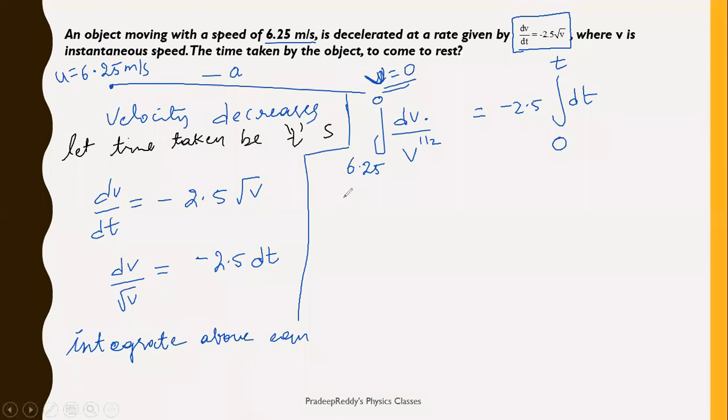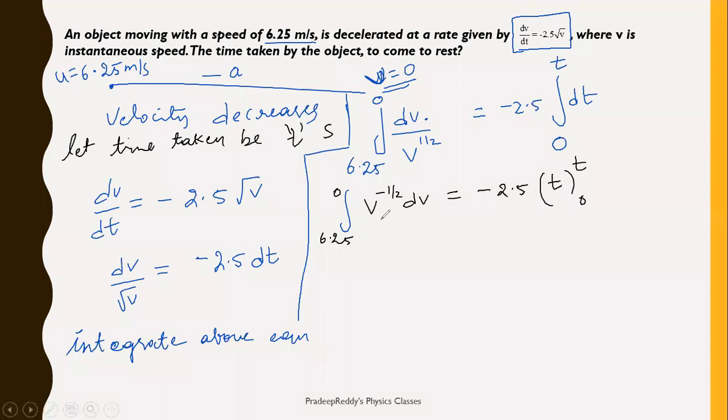So this gives you the integration with limits 6.25 to 0 of v power minus 1 by 2 dv is equal to minus 2.5 into integration of dt, which is t. Limits are from 0 to t. Right?